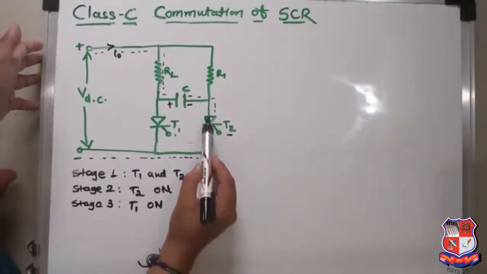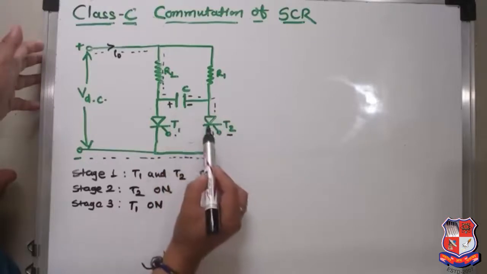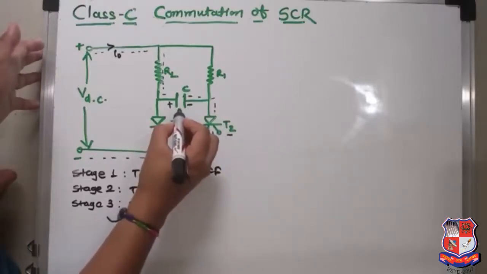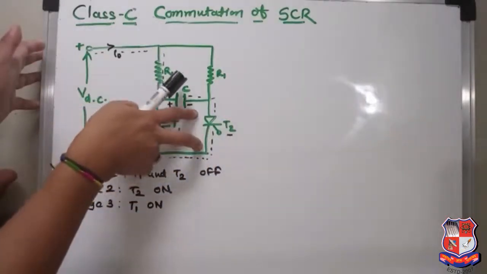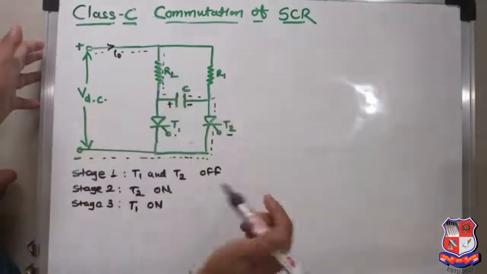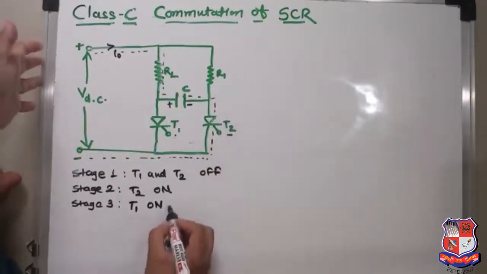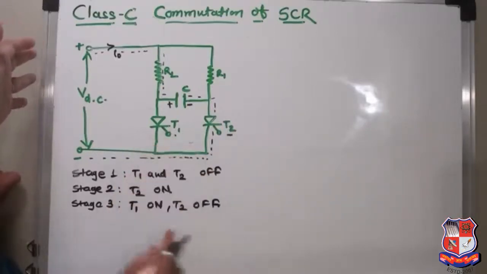See here, the anode of T2 gets the negative and the cathode gets the positive supply, meaning the capacitor voltage appears across the thyristor as a reverse voltage. So thyristor T2 is turned off. Now in stage number 3, T2 is off and T1 is on.